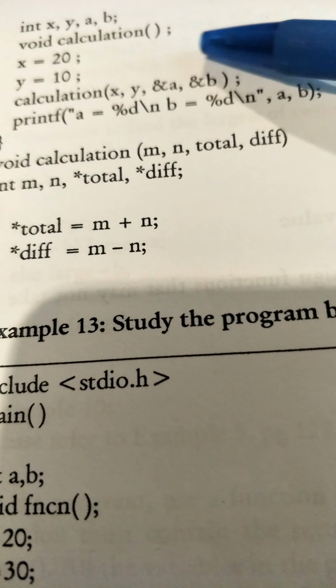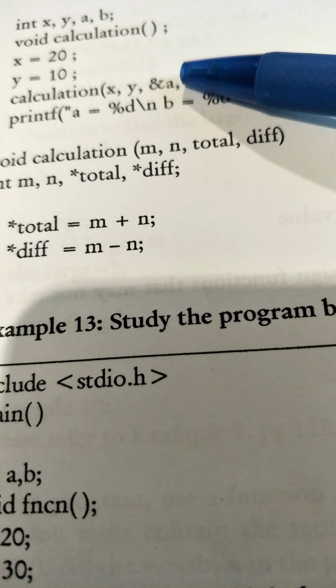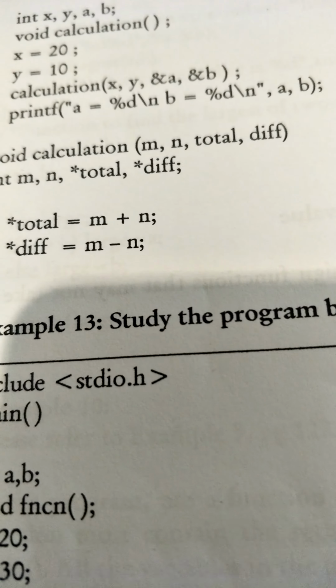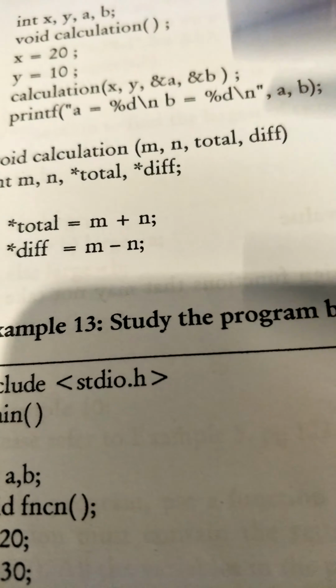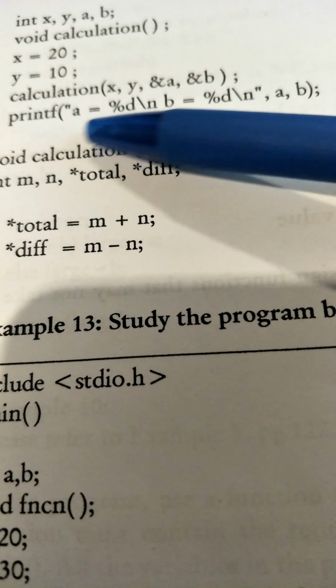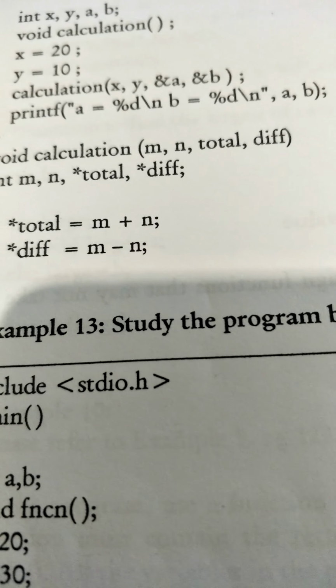Now you can see from here that we have more than one variable that needs to be used in the main program. I mean, a and b can be used later. You can see here we use a and b after that function call.